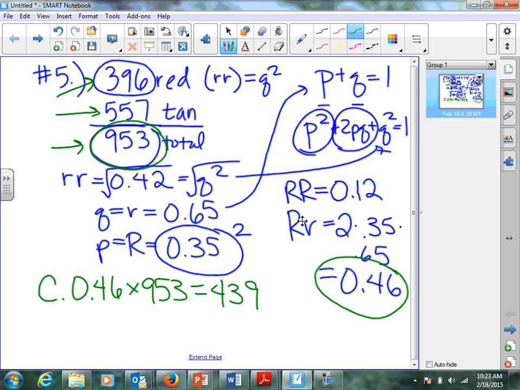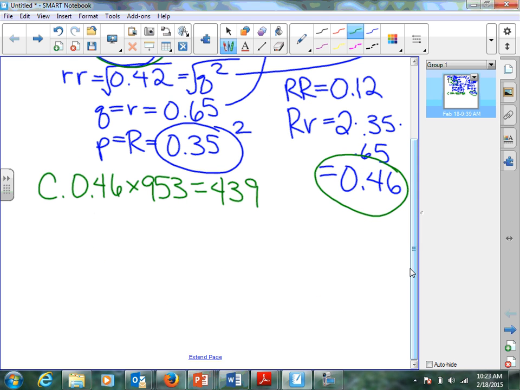For D, it's asking for the expected phenotype ratios. Let me extend this page here. So for phenotype ratios, what I'm assuming is that big R something is going to give us tan individuals. Little r gives us red.